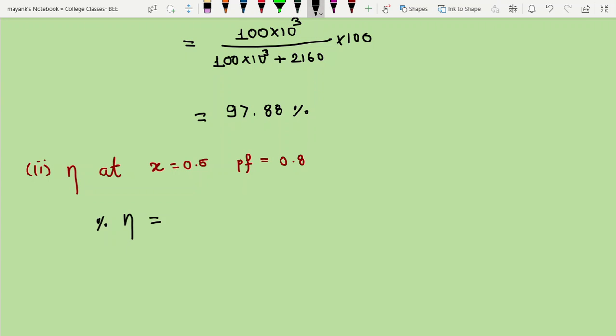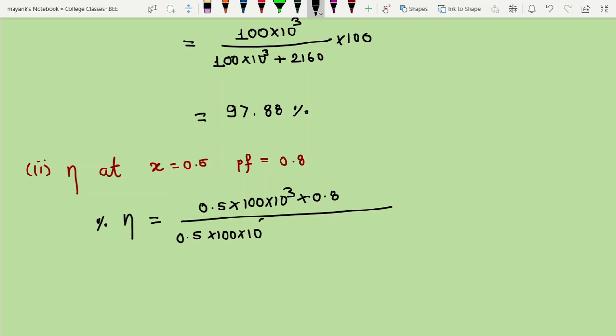Now we have the generalized formula, so 0.5 into 100 kVA is given and power factor is 0.8 divided by output power plus 960 as it is, क्योंकि वो constant losses हैं. Variable losses में x square, that means 0.5 square will be there into 1200 full load copper losses.